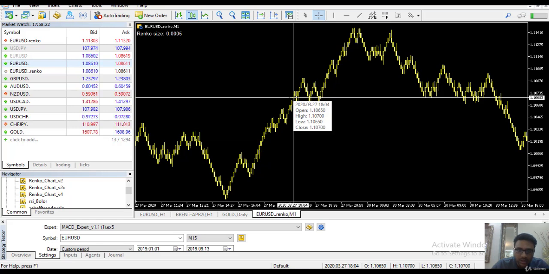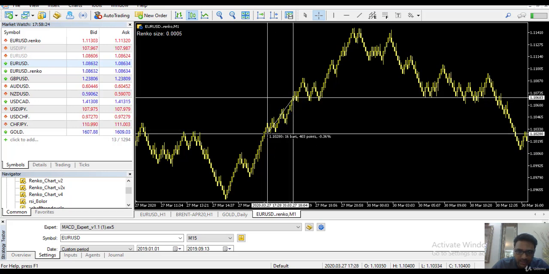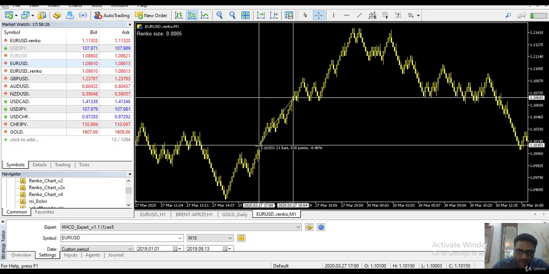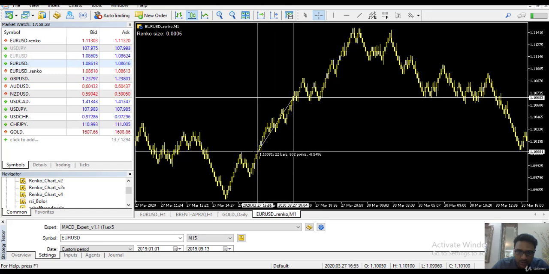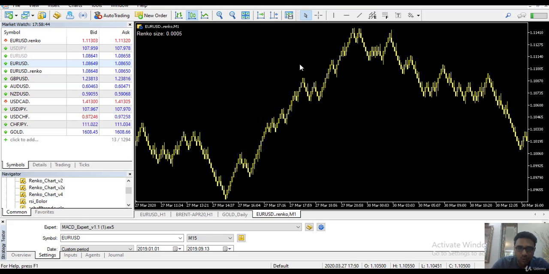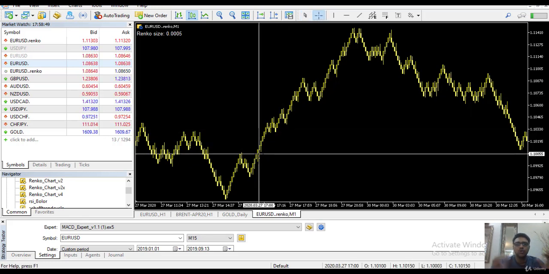You can see this candle has moved around 21 bars. So 21 bricks were used in one H1 time frame of the Euro USD. And the good thing about this is you can exactly see how the prices have moved within that 1 hour without going into the lower time frame.